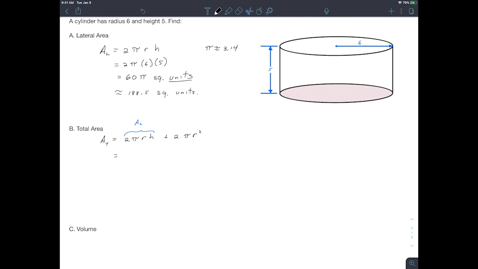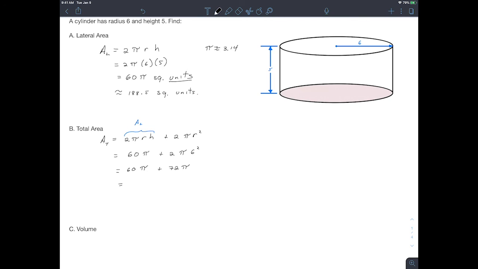So, since we've already done the work, the lateral area we know is 60 pi, plus 2 times pi, r is 6, so 6 squared. And this will come out to 60 pi plus 6 squared is 36 times 2 is 72 pi.